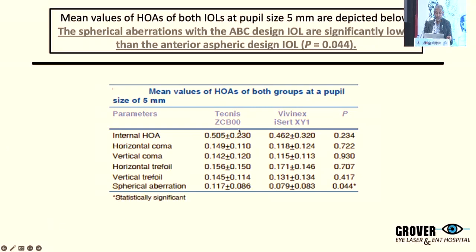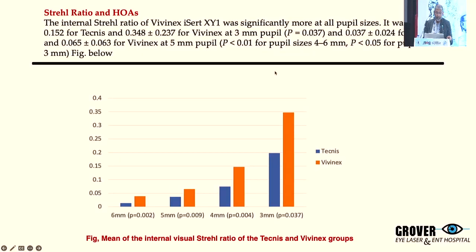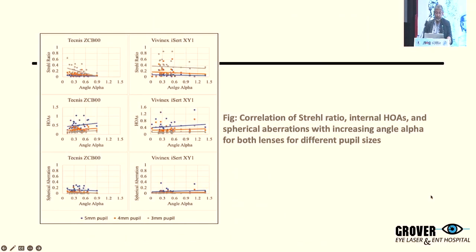So this shows that the spherical aberration was statistically less in the Vivinex group as compared to the Technis group at 5 millimeter pupil size, and at all the pupillary diameters there was a difference in the Strehl ratio. The Vivinex group always had a better Strehl ratio, though it was not statistically significant at 3 millimeter. At all other pupillary diameters it was statistically significant.